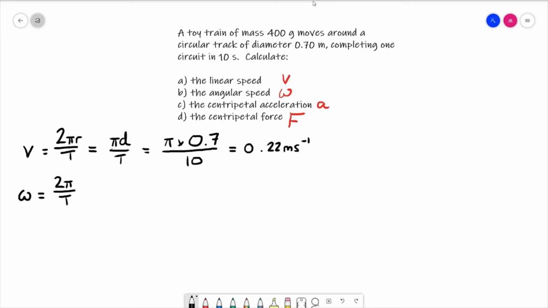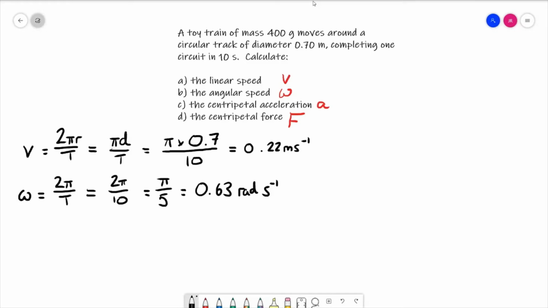At least we know that 2 pi and t in this situation are exact values and therefore haven't been rounded previously. Plugging numbers in then, 2 pi over 10 gives us pi over 5, and once you plug that into the calculator and hit the S to D button, we end up with 0.63, and our unit there is radians per second.